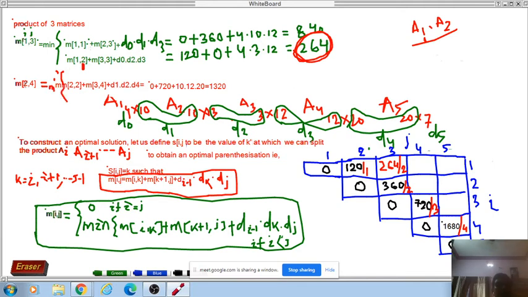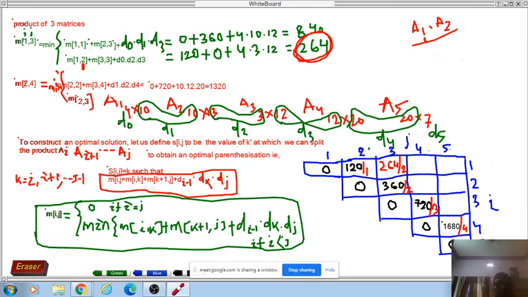Second case will be M of how much? M of 2 2. Next will be k plus 1, that is 2 3. Okay, I am writing here.